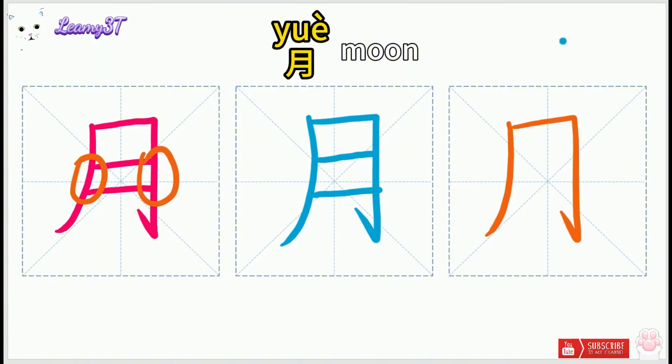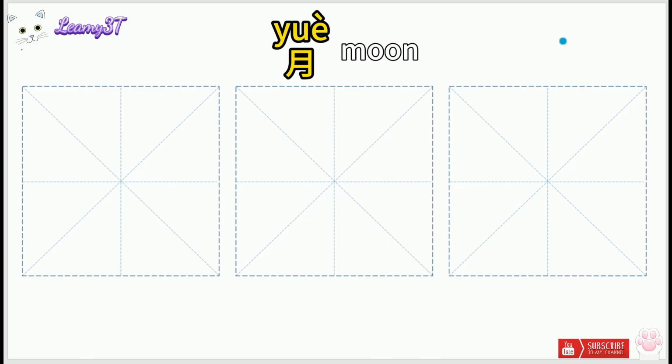Third, the angle of the two heng should stay parallel to the topmost heng. If the top heng is horizontal, then the two below should also be horizontal.